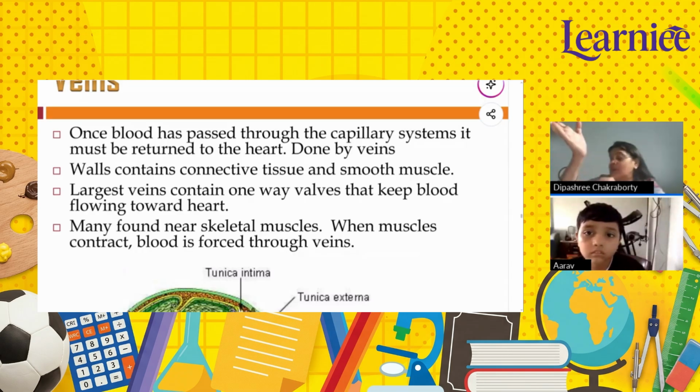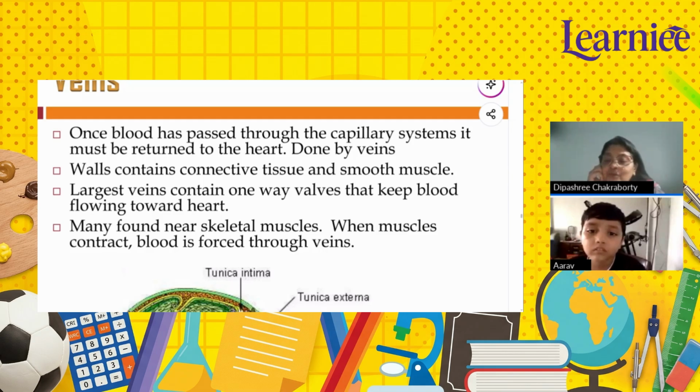So when those muscles contract, the deoxygenated, impure blood comes through the capillaries and again reaches the heart. Just try to imagine what I am telling. This happens through the vein. The blood flows due to the contraction of the muscle.